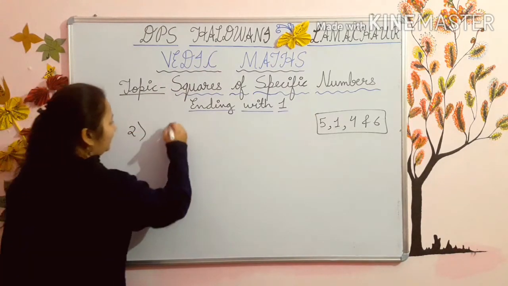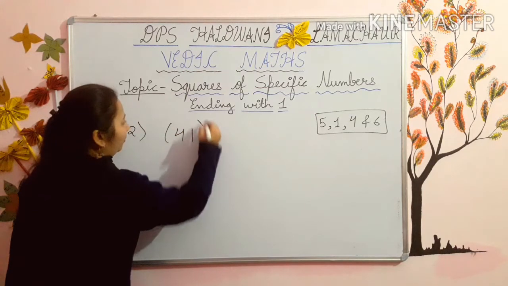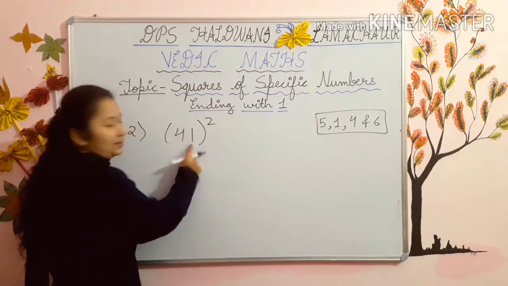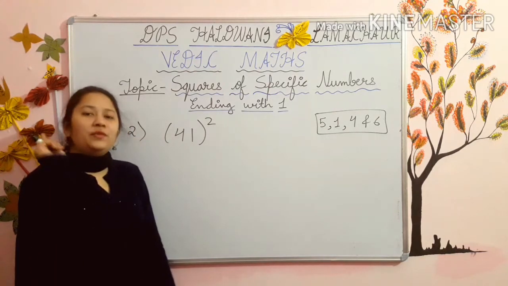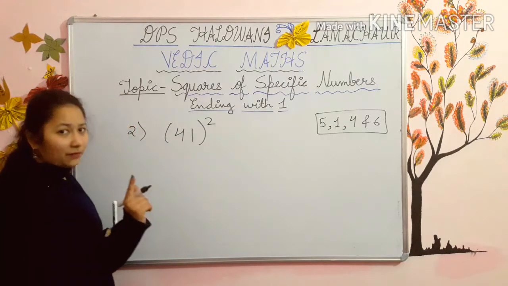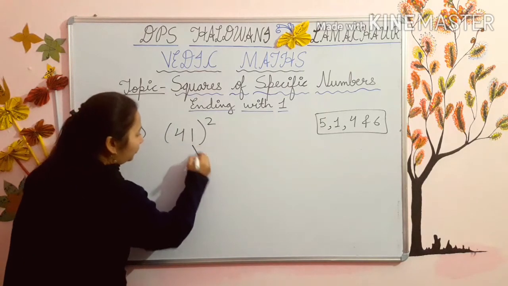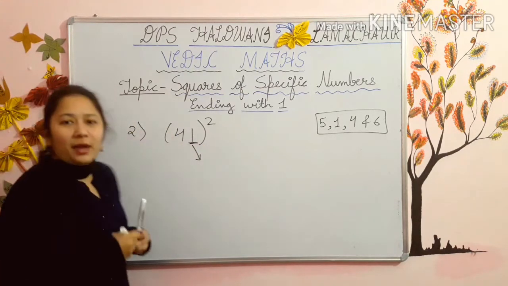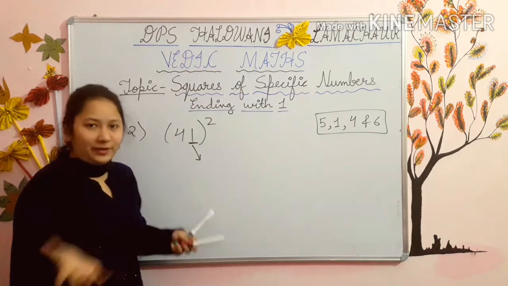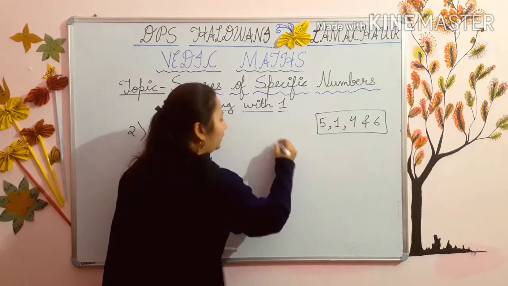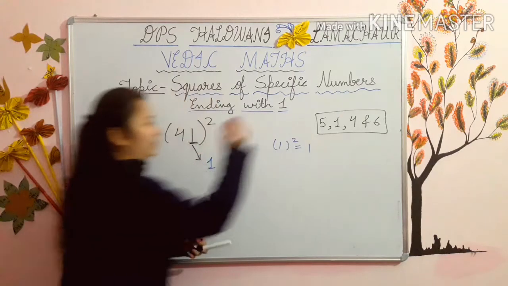Our second sum is the square of 41. Now you can see, students, that this number is ending with 1. So we can apply our trick in this number. Now first of all, what you have to do? You have to square the last number. The square of 1 is 1.